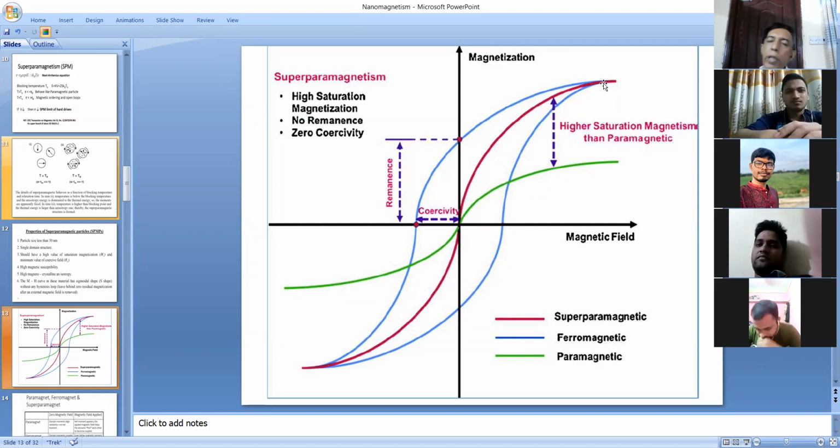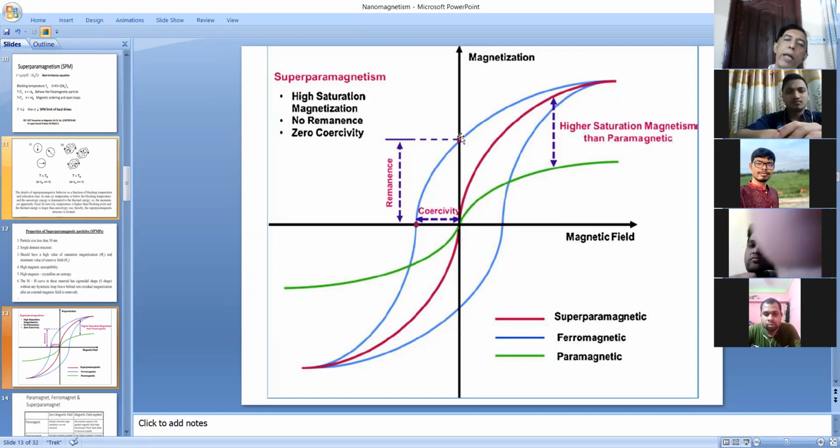Now, when you demagnetize a ferromagnetic substance, it will not come through this way. It will come through this way. Why? I have explained to you various times when we studied the magnetic material. At no magnetic field, you see here it is 0. At no magnetic field, there is some magnetic moment, which is called remanence for a ferromagnetic substance.